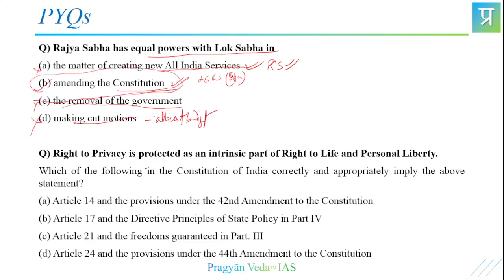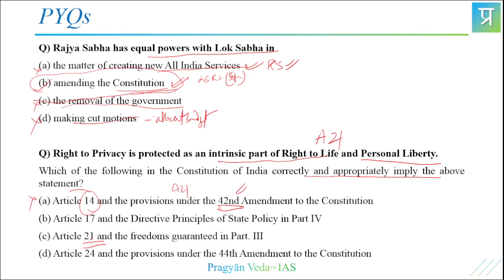Right. Next question: right to privacy is protected as an intrinsic part of right to life. Yes, Article 21, right, if you remember, and personal liberty. Which of the following in the Constitution correctly and appropriately implies the above statement? We clearly have Article 21, so here it is. Then Article 14, rule of law and all other things. The 42nd amendment greatly brought down the Article 21 principles, so this was wrong.